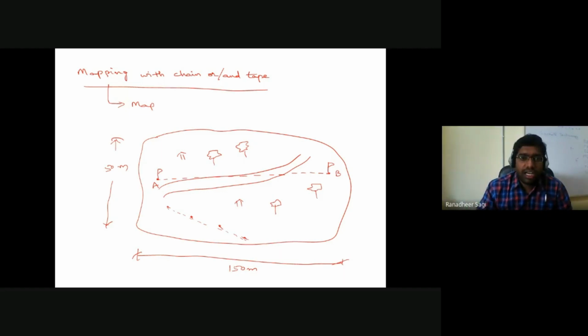Okay, so from our chain surveying, whatever we have learned earlier, start placing your chain at point A and keep on extending your chain towards point B, so that now you can happily measure the distance between point A and point B. So in the process of measuring the distance between point A and point B by simply placing the chain, if you are not able to get the measurement of the total length between A and B in one stretch, you are placing your chain multiple number of times in order to measure the distance between point A and point B.